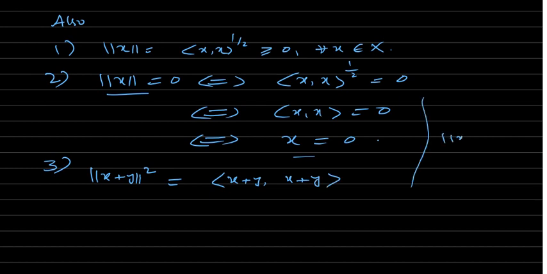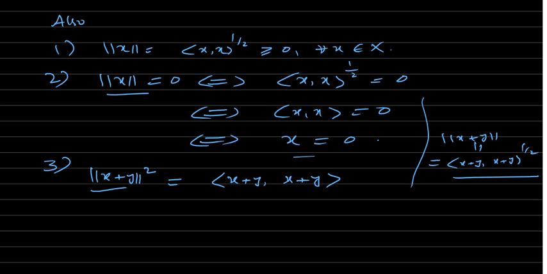Definition क्या है इसकी? It's the non-negative square root of inner product of x plus y with x plus y. This is the definition of norm here. So I'm taking the square on this side, therefore norm of x plus y squared is equal to inner product of x plus y with x plus y.